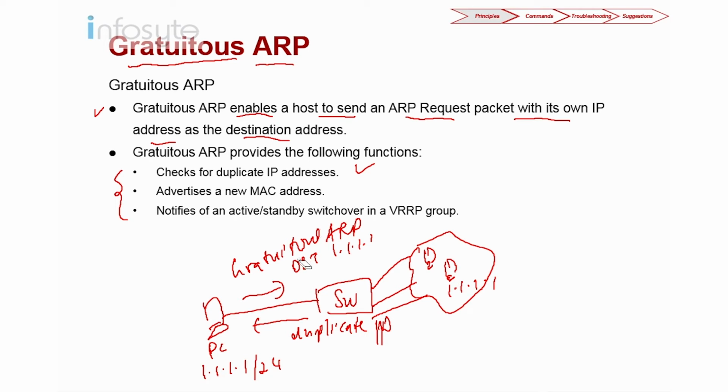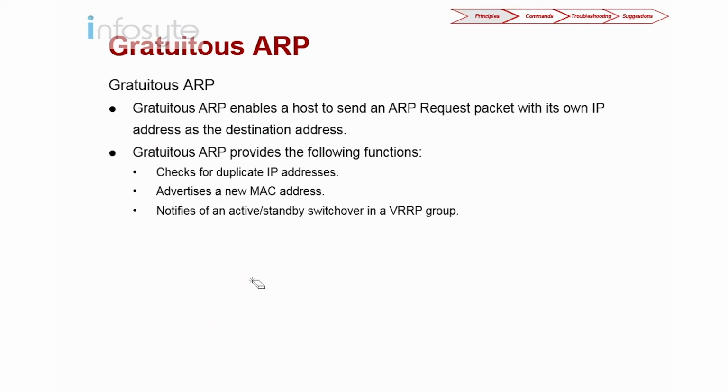Now second, we have this called advertised new MAC address. So assuming that I have a new PC connected to the switch, this particular computer is going to send out the destination as its own. The reason is that maybe you have changed your network card to a new network card or new MAC address.